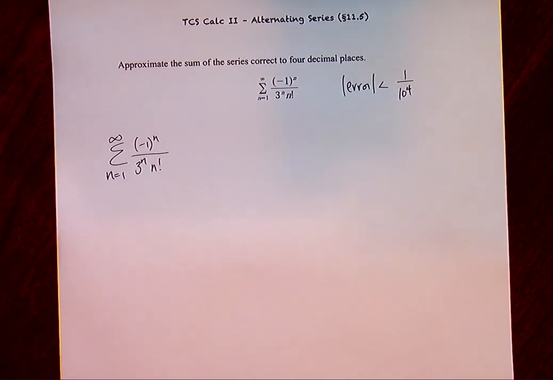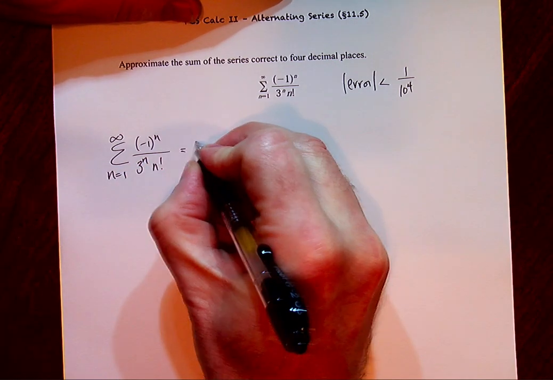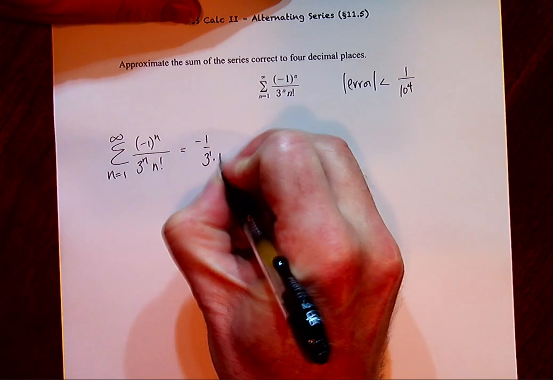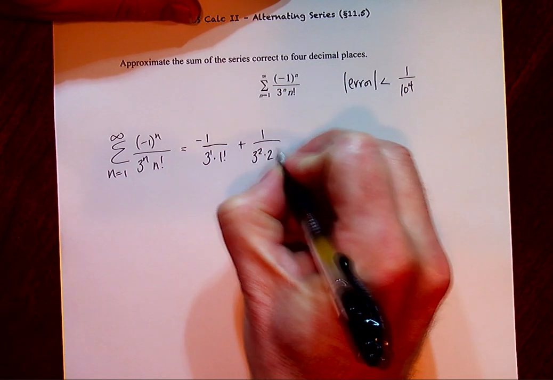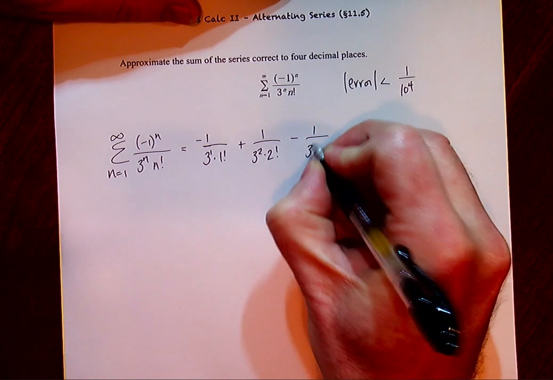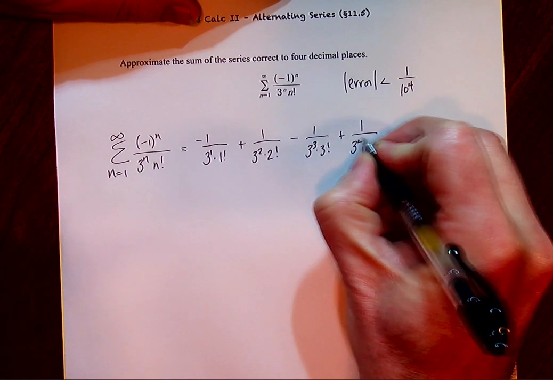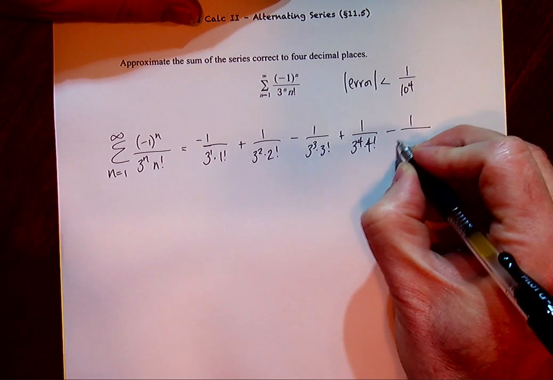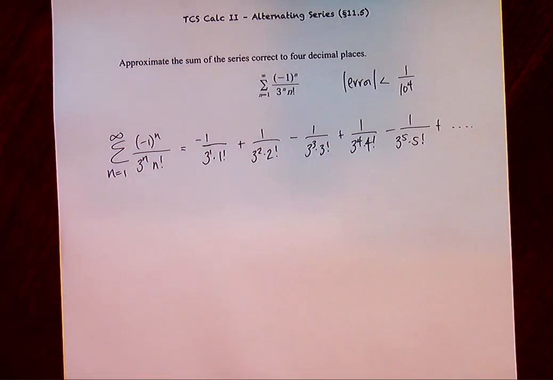That's negative 1 to the nth over 3 to the nth and n factorial. And so the first term is obviously negative, so we're going to go negative 1 over 3 to the first times 1 factorial, plus 1 over 3 squared times 2 factorial, minus 1 over 3 cubed times 3 factorial, plus 1 over 3 to the 4th times 4 factorial, minus 1 over 3 to the 5th times 5 factorial, right?